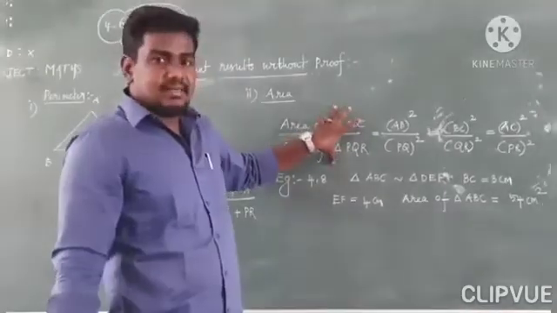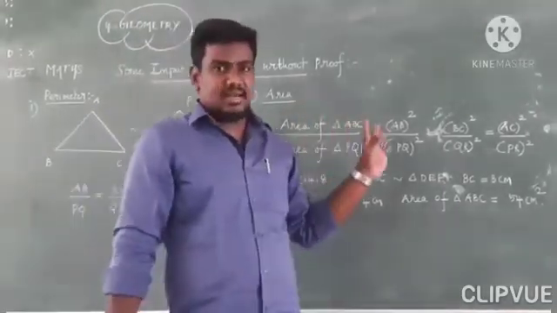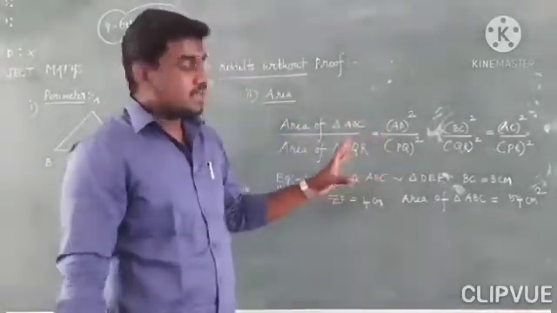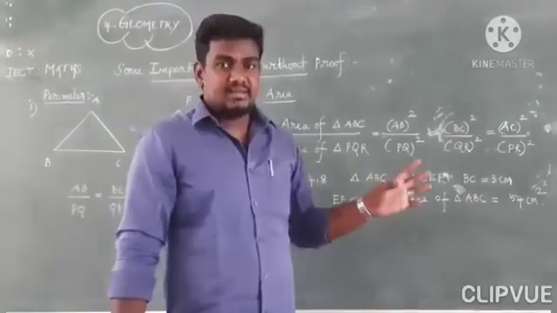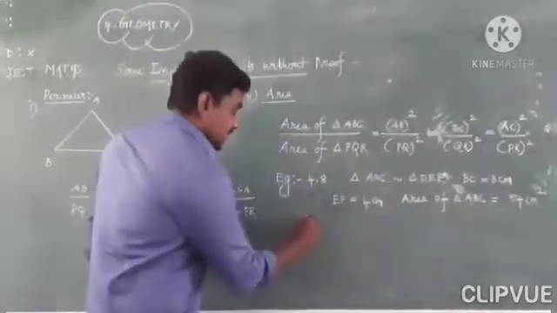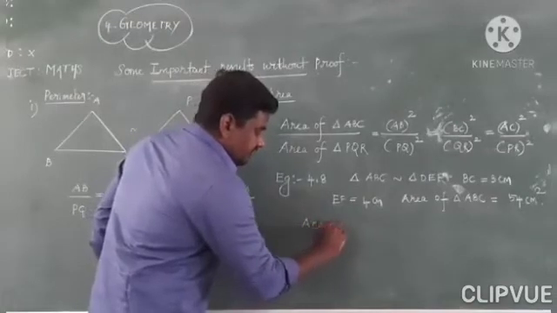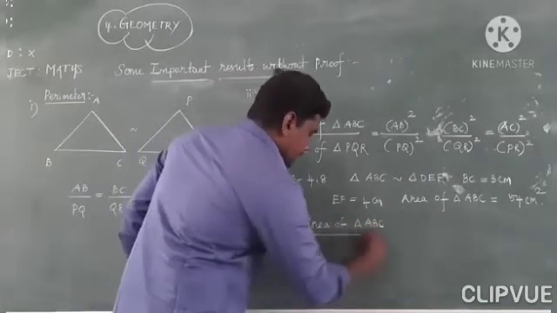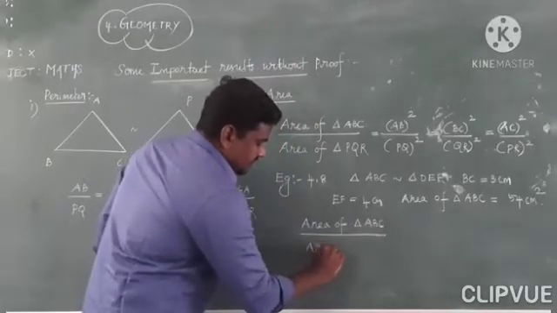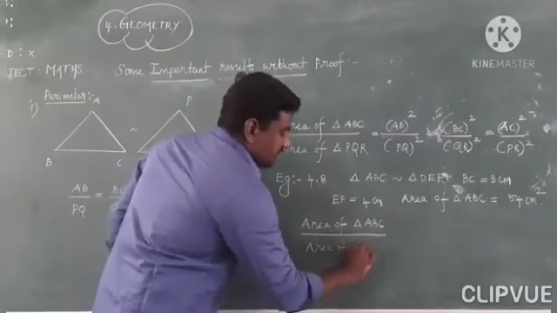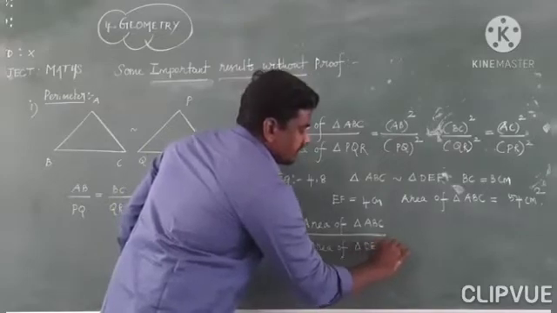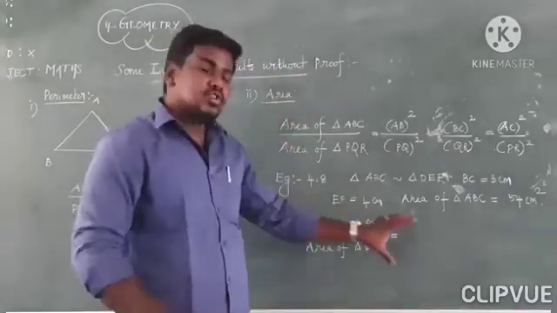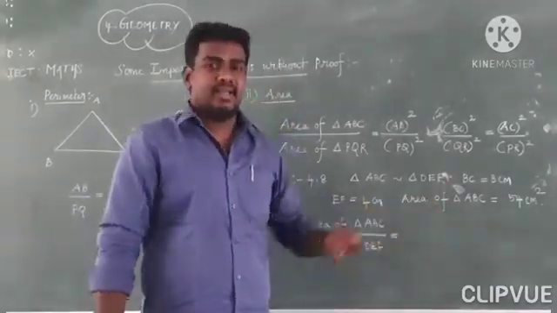What is the result? Since the two triangles are similar, therefore the ratio of the areas of two triangles, area of triangle ABC divided by area of triangle DEF, is equal to the ratio of squares of their corresponding sides.